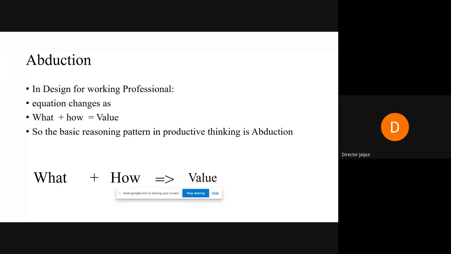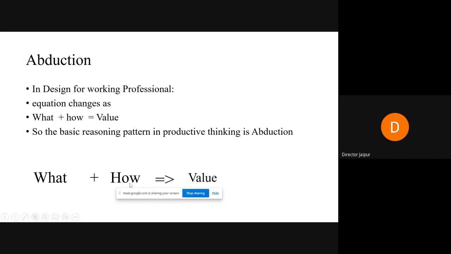If the problem is complex, it must be an open problem for many, many years. And therefore, you have to design something which is more elaborate. So the designers created designs, that means frames. Frames are covering this area, which is how and value.